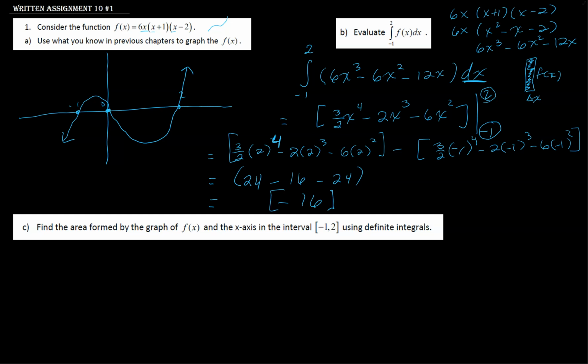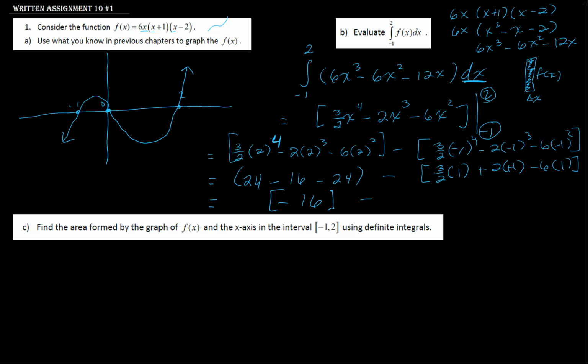Negative 16 minus 3 over 2 times 1, minus 2 times negative 1, minus 3 times positive 1. So that would be 1.5 minus 2, or plus 2 actually, since minus minus is a plus, minus 3, and that will give us a negative 2.5.